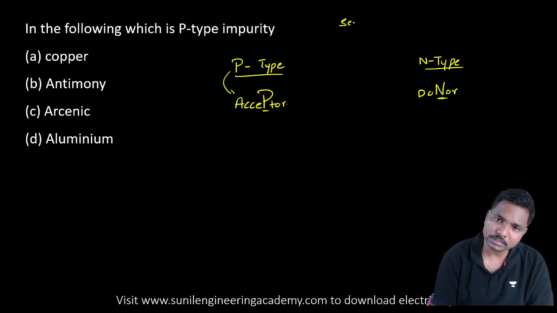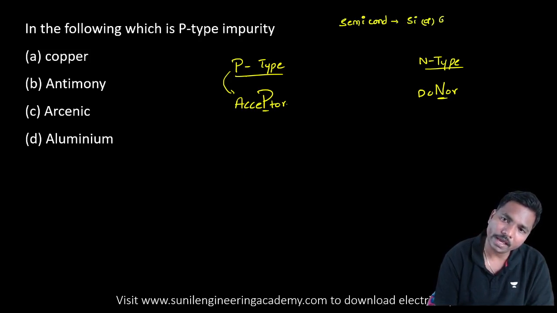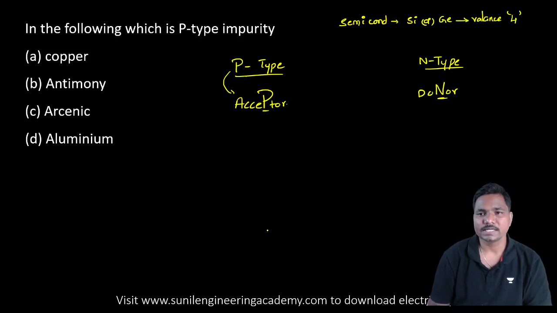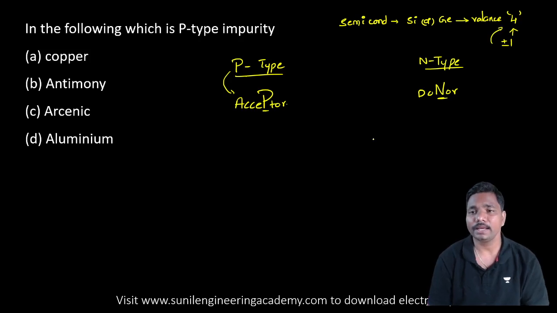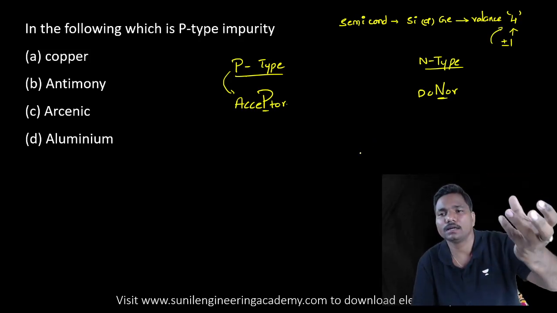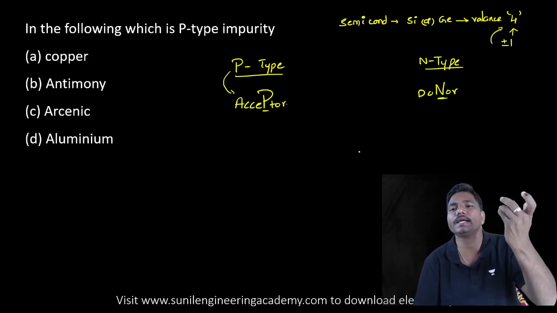Generally we know semiconductors, either silicon or germanium, have how many valence electrons? Very important question. They have 4 valence electrons. So in this case, if we add plus or minus 1 to this, then we can get a higher number of holes or a higher number of electrons.